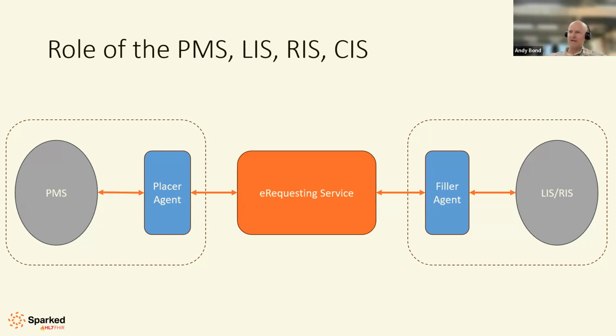Definitely not the case. The role of that service is to allow the endpoints to interpret as they will how they represent or interact with the data that the eRequesting service is supporting. Next.